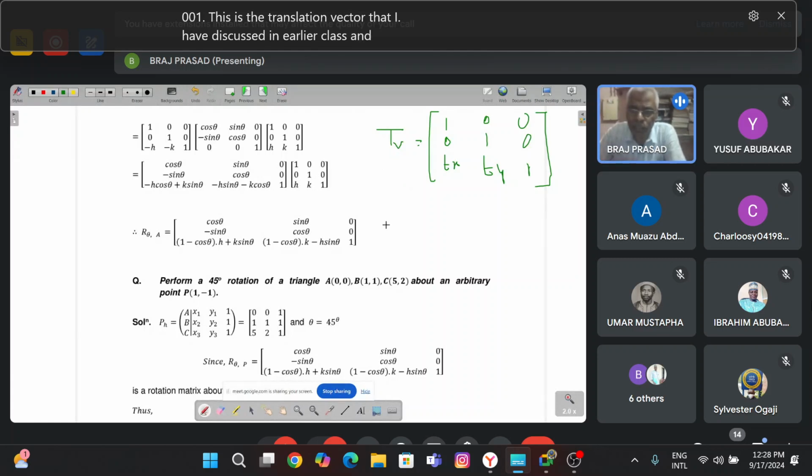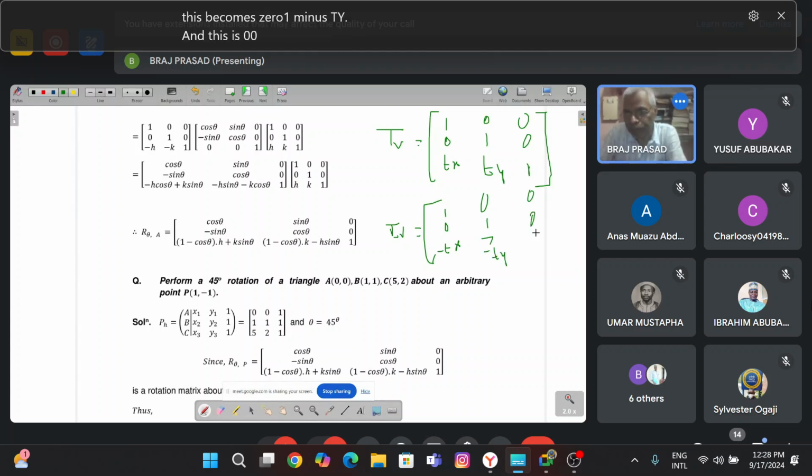And if we calculate the value of t minus v, this is in plus. So to get the t minus v, we will put a minus at this place: 1 0 minus tx, 0 1 minus ty, and 0 0 1.